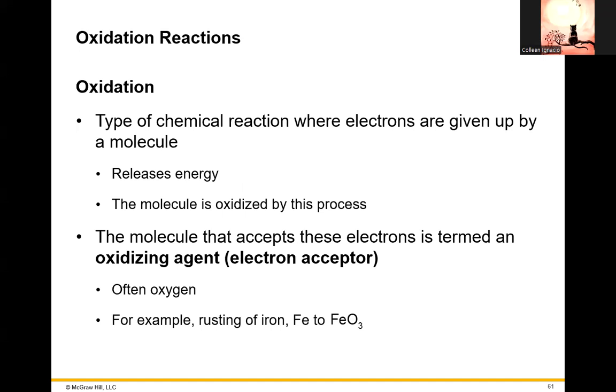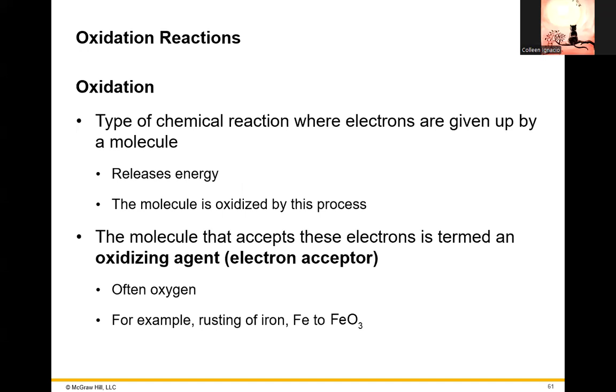Now there's oxidation reactions, and with this kind of reaction, it's a chemical reaction where electrons are given up by the molecule. And this process releases energy, and the molecule is what's called oxidized in this process, okay?